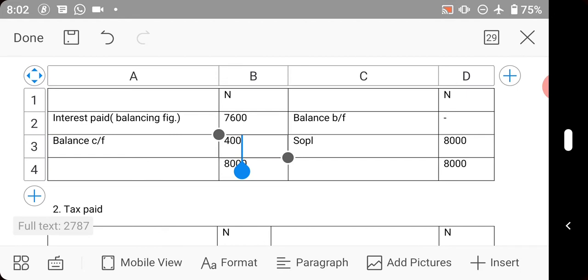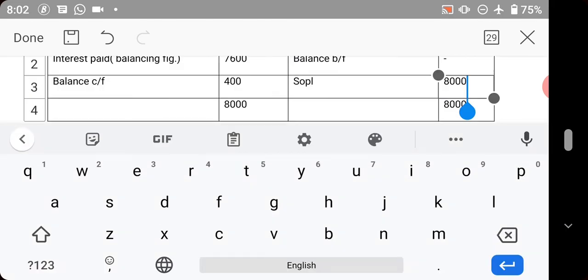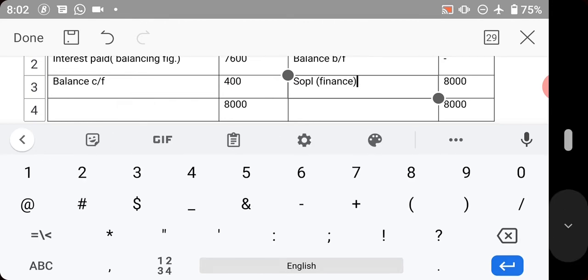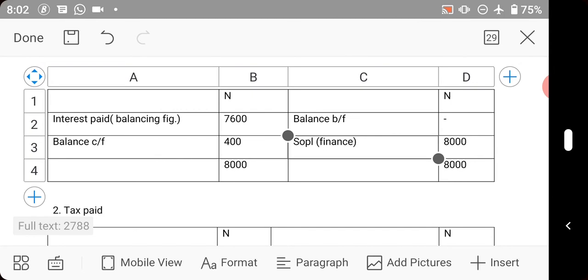Now, the interest expenses in the statement of profit or loss is 8,000. That is finance cost. So you bring it in, 8,000 naira. With this, you take total. The two sides of the account must be equal.